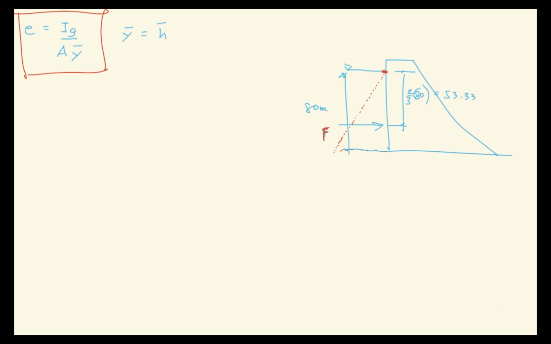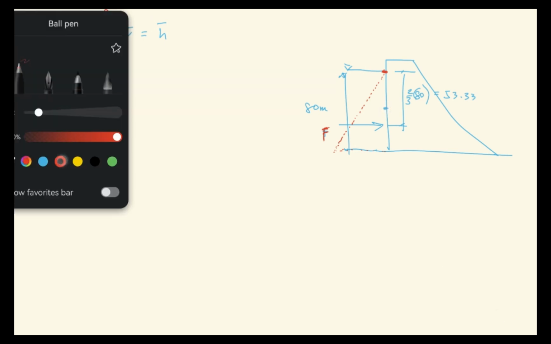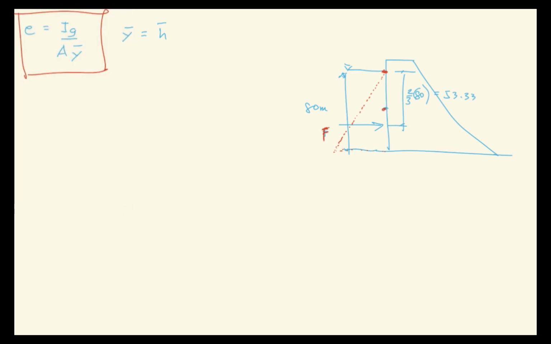Okay. And H bar is actually this point, which is half of 80 meters, okay, 40 meters. So H bar is the distance of the center of gravity from the water surface or liquid surface. Okay.